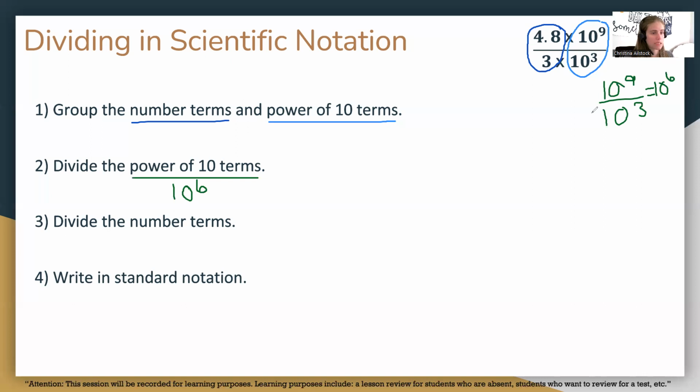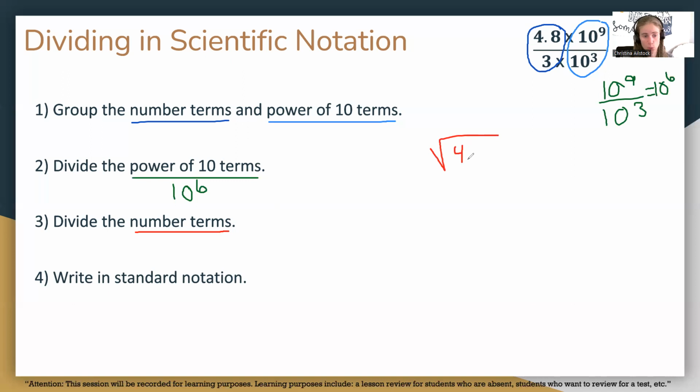All right, let's move on to step 3. We now need to divide those number terms. I think the biggest thing here is making sure that you guys remember to set up your long division properly, because we have 4 8/10 over 3. Another way to say that is 4 8/10 is being divided by 3.